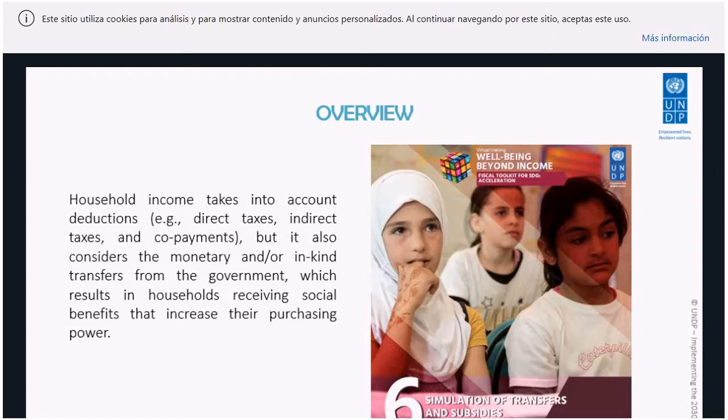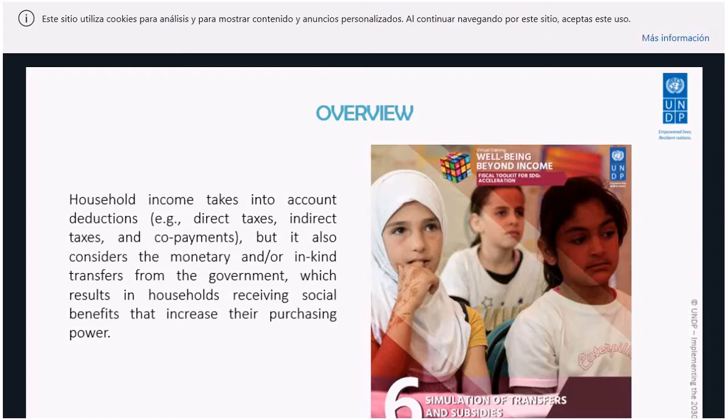And the second importance of studying redistribution is because social expenditure is, at the end, a significant element of the available resources of households, right?